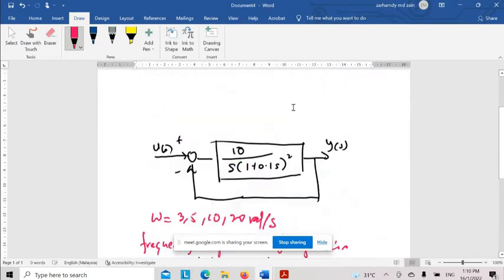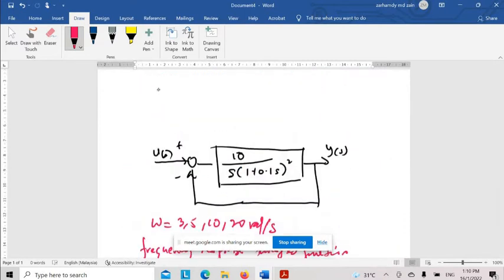Now for phase, we have the phase of KG equal to: G1 is 1 over s, which gives negative 90 degrees, and we have tangent inverse 0.1 omega, minus tangent inverse 0.1 omega.